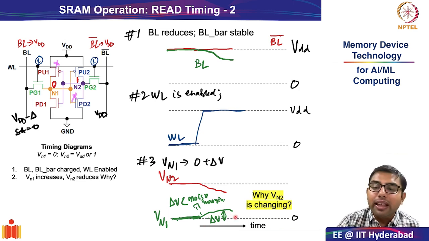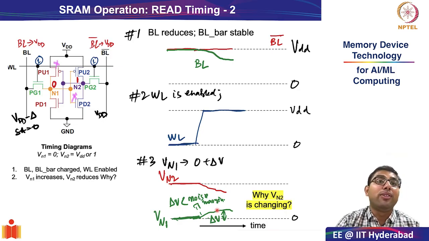As you can see on the y-axis from 0 to VDD, the delta V is quite tiny. This delta V is kept tiny through cell ratio and kept much smaller than the noise margin of your SRAM cell.